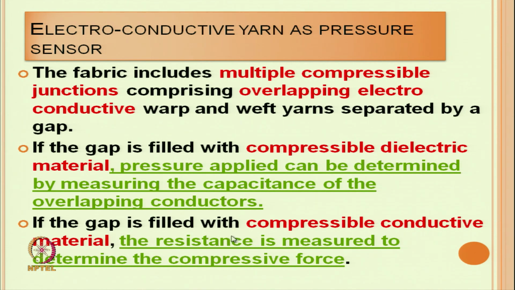If the gap is filled with compressible dielectric material, then we can measure the capacitance value, and if we fill the gap with compressible conductive material, then resistance will be measured. So, the resistance is a measure of the compressive load.